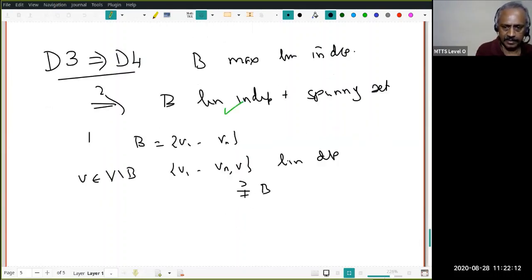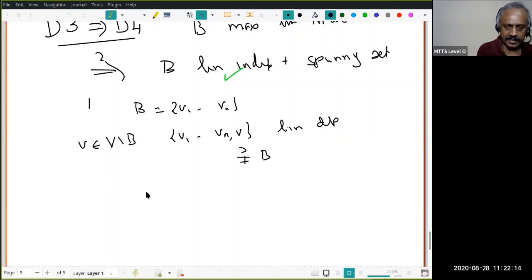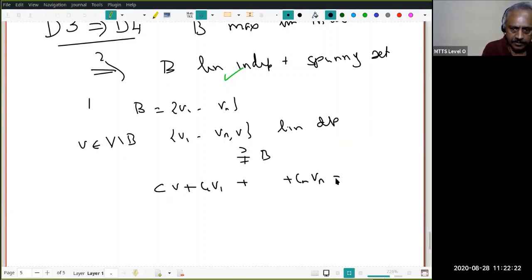What does that mean? As I have seen earlier, that means there exists a combination, okay? c v plus c1 v1 plus cn vn equal to 0, right? And if c is 0, that will mean these are not all 0, okay, not all the coefficients are 0.